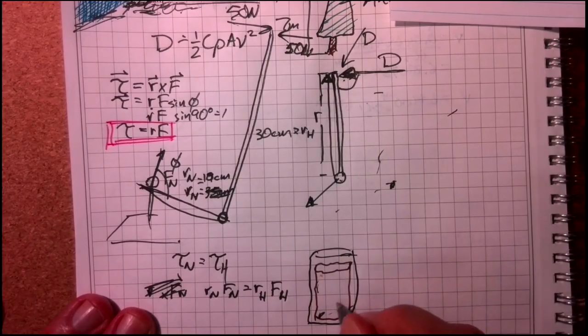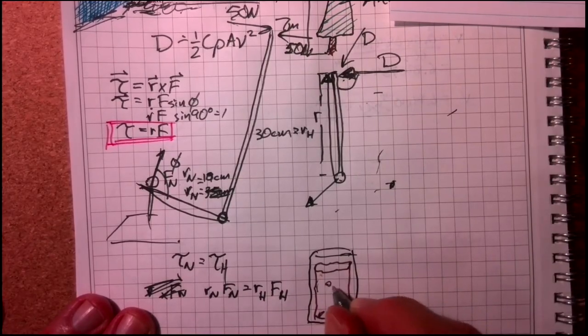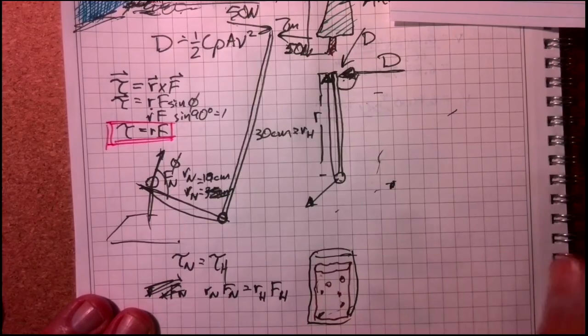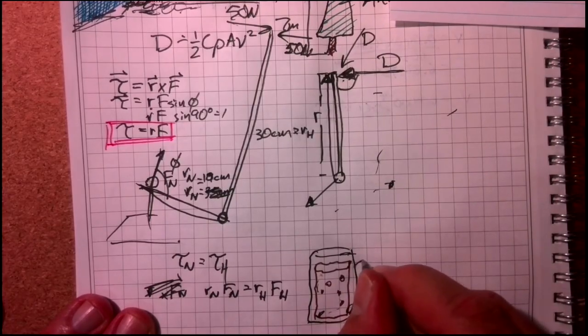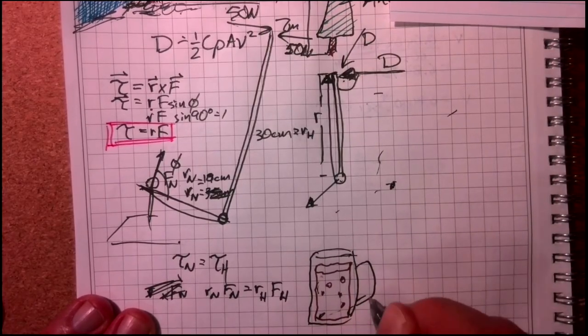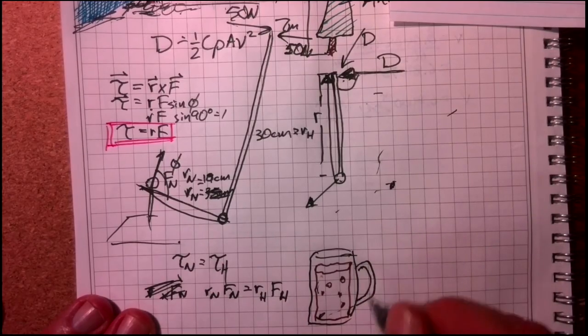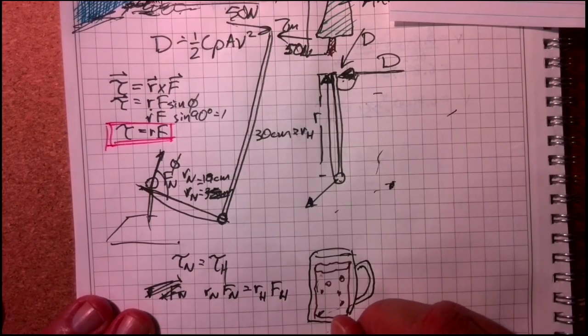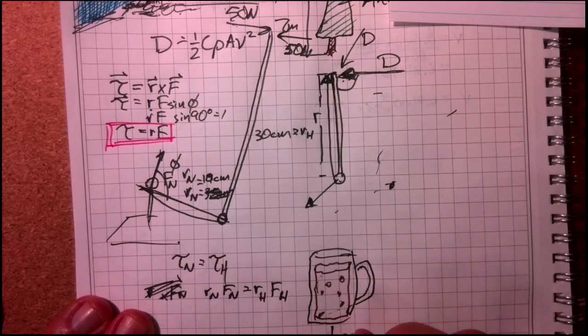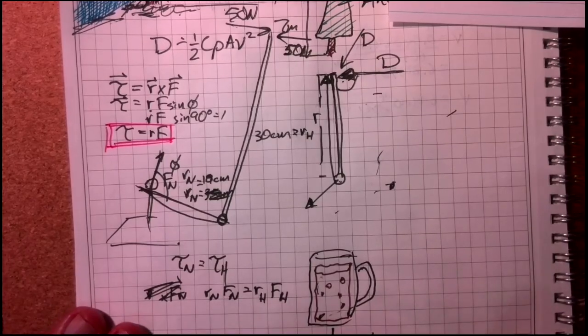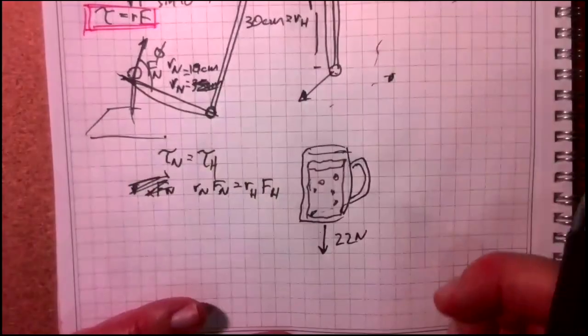I don't know what that means. I don't know if beer is a status, but here's the bubbles. So here's my stein of beer. If I just hold this in my hand, I measured it is 22 newtons. Boom, that's how much it weighs.